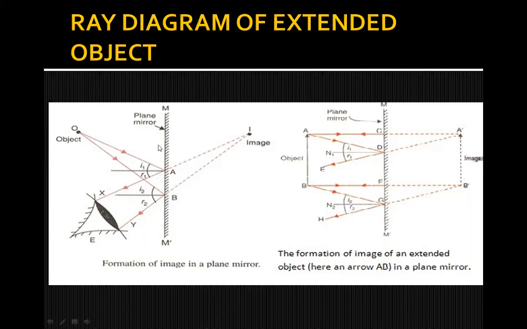This is the ray diagram of the pointed object, and this is the ray diagram of the extended object. A straight arrow, the image is in the form of an arrow. These E and H are the rays going towards the eye. I think it is clear to all my students, but you have to practice it, as it is not easy to understand without practicing, because practice makes a man perfect.